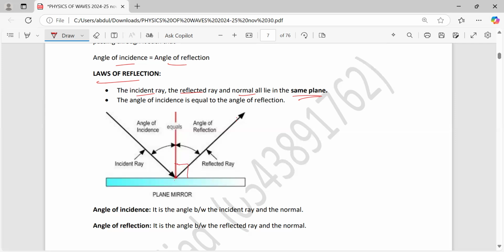Second, the angle of incidence is equal to the angle of reflection.